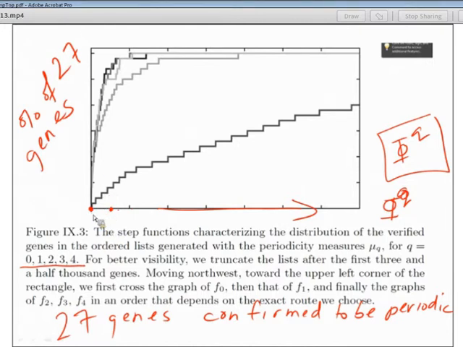So if I take a look, between here we find one of those genes when q is 0. If we are in this region, we might be finding 2 of the genes. Versus if we take q equals 1, we start finding a whole lot more of the genes. For q equal to 2, 3, and 4, there's not much difference between them.